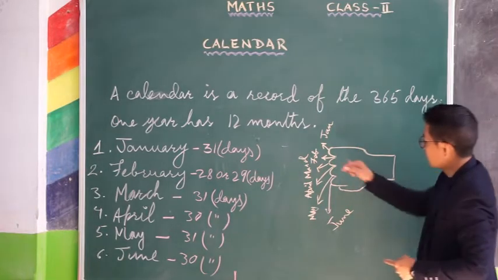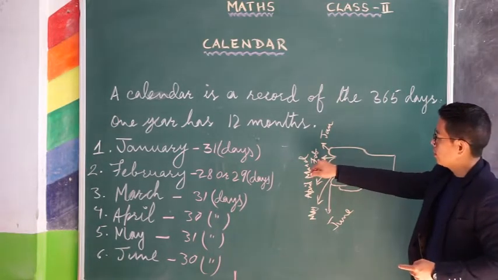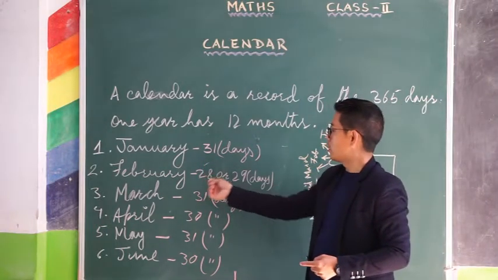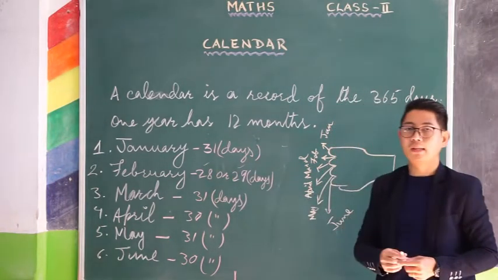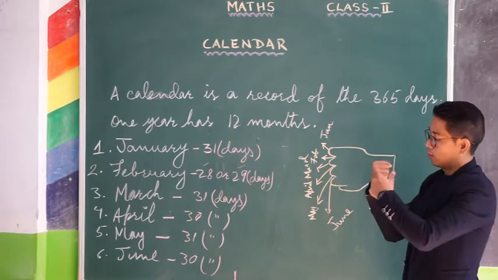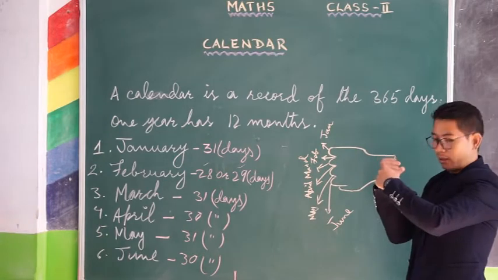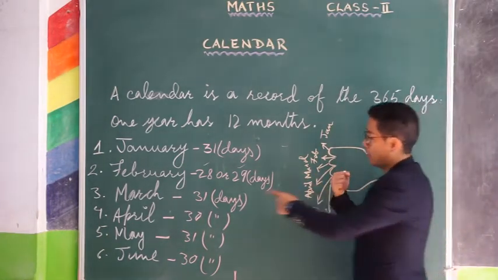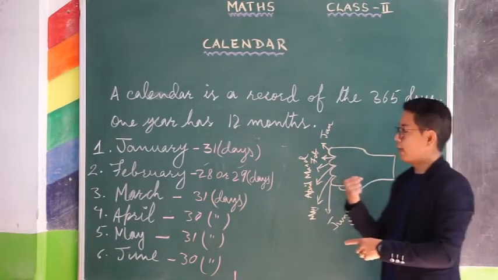Okay. Now in the middle is February. We have already learned that February will have 28 or 29 days. Okay. Now again March. So if it is on top, that means March also has 31 days. Alright.